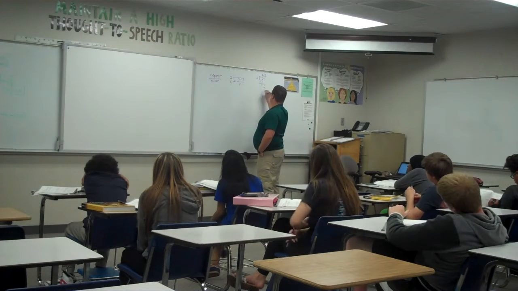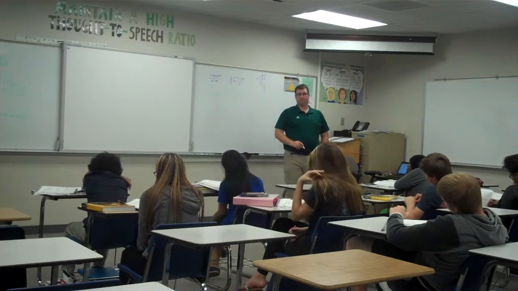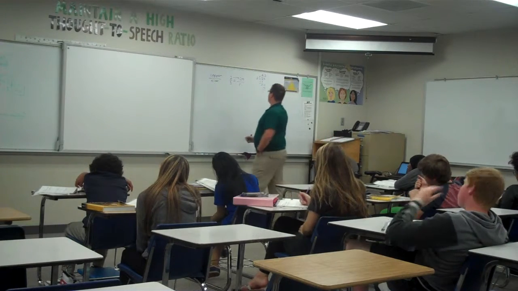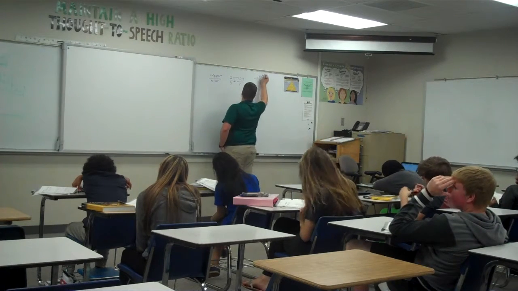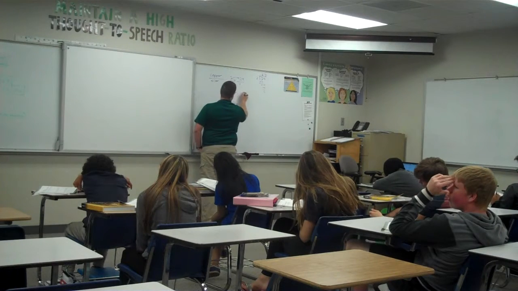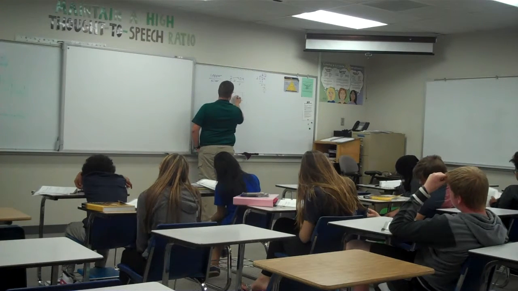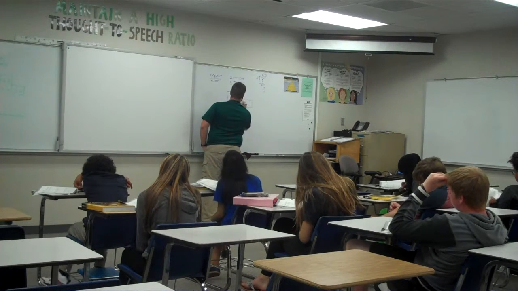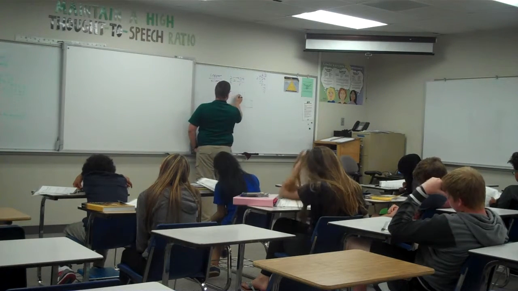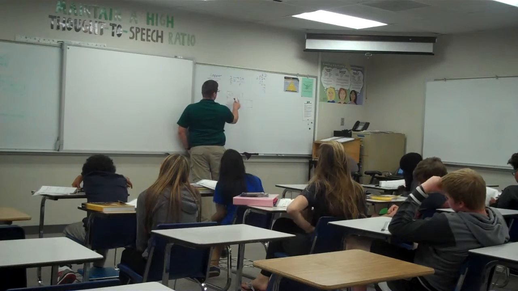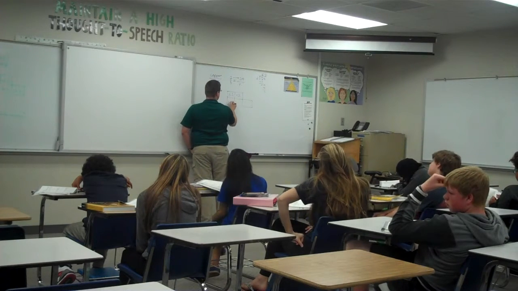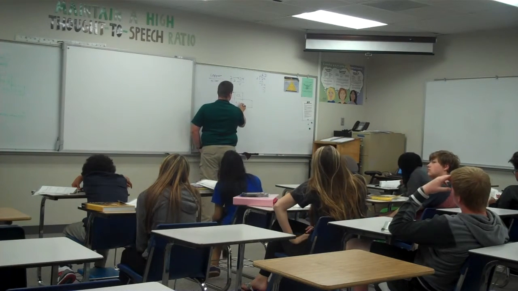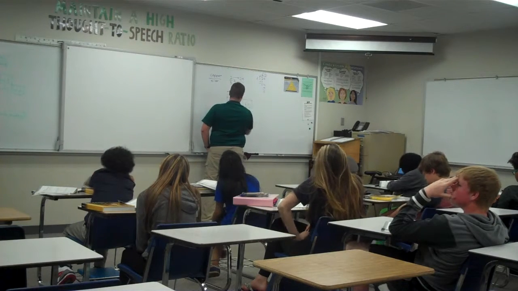Subtract, I get 0 again. Okay, so 62 is what's going to be in each box. So 62 goes there, and because these are the same size, 62, 62, and 62.